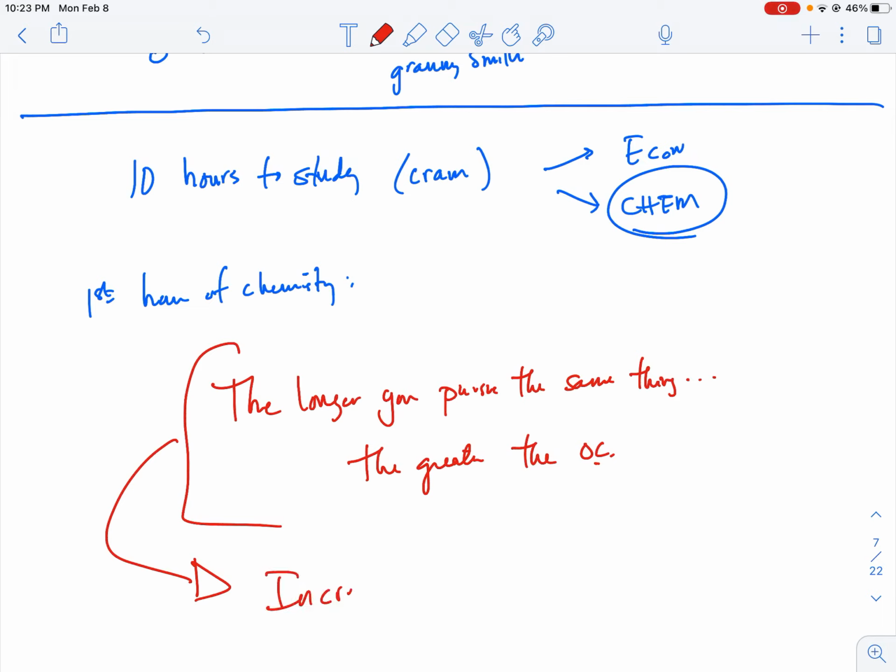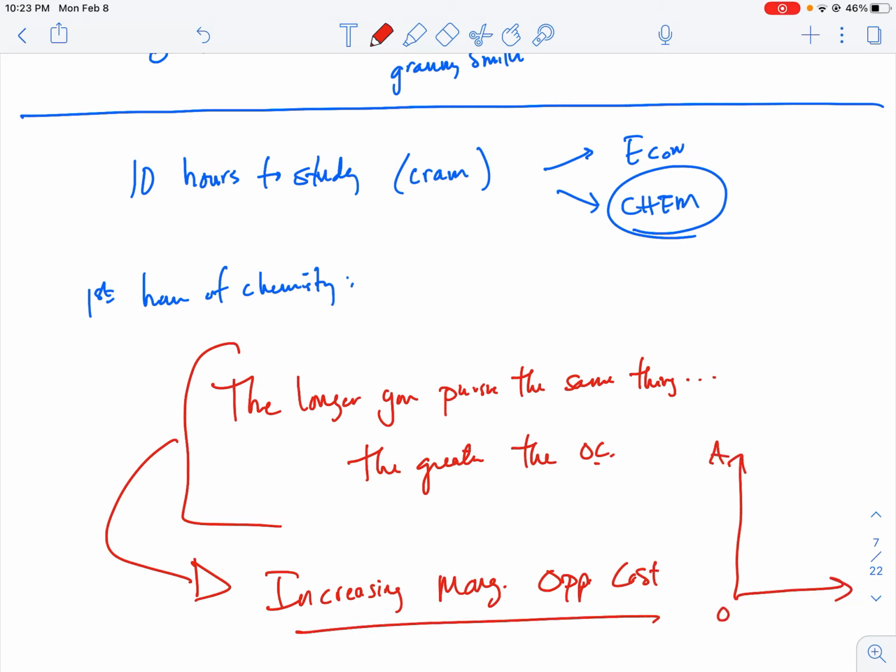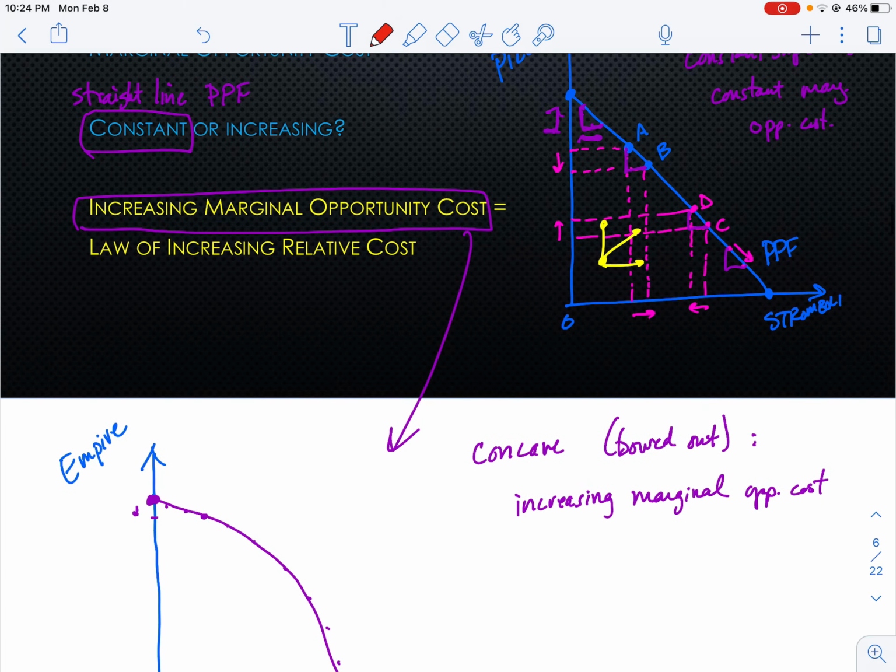But if this is true, then you have increasing marginal opportunity cost. And that means that your production possibilities frontier for these two goods will be bowed out. It will look like that. That's increasing marginal opportunity cost. It's what in the book they call the law of increasing relative cost. So Mateer in the book calls it the law of increasing relative cost. Just understand that is exactly the same thing.